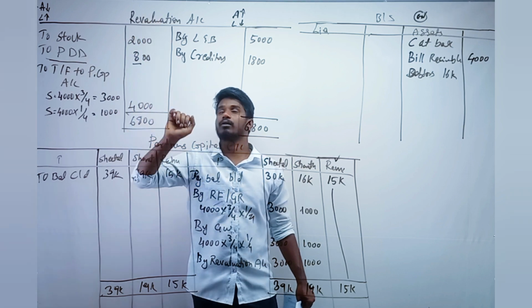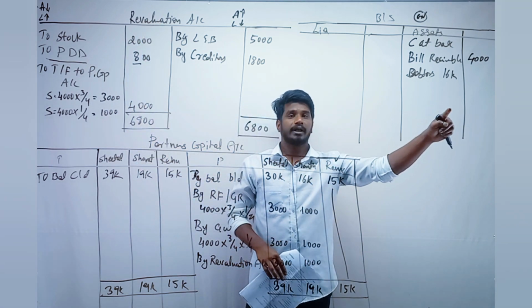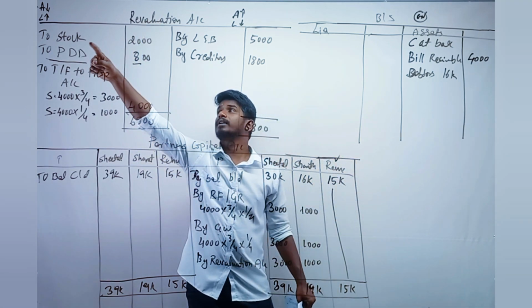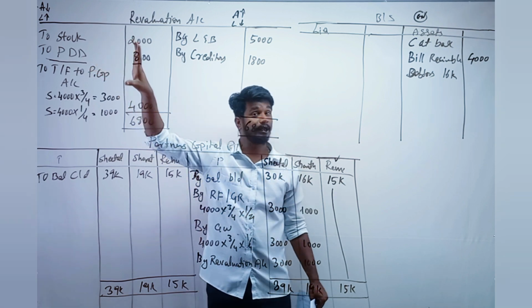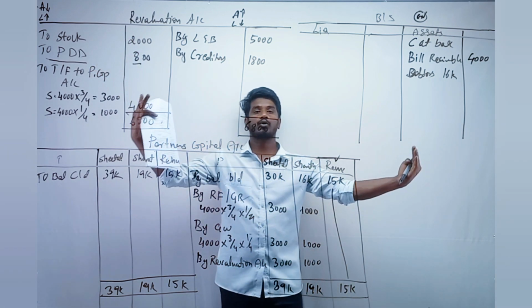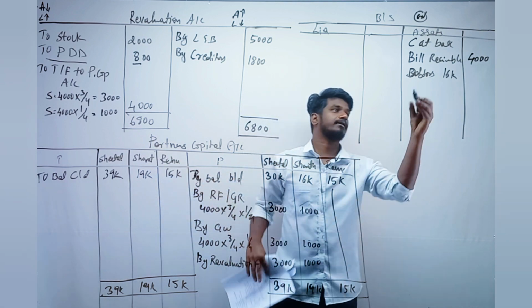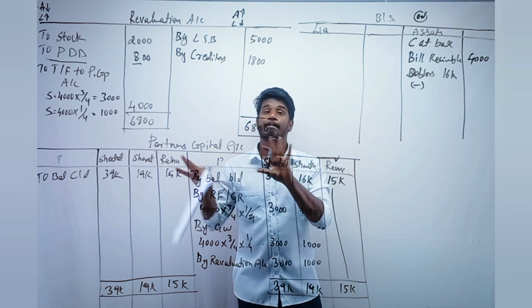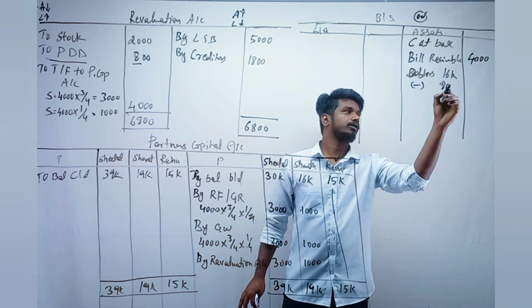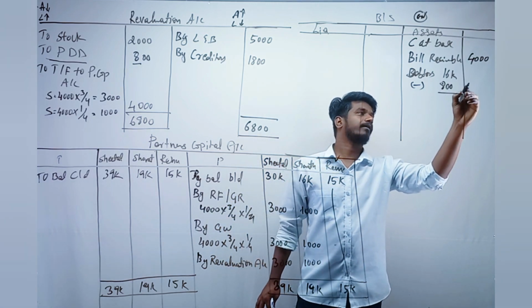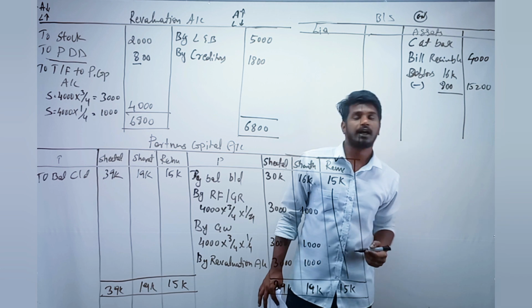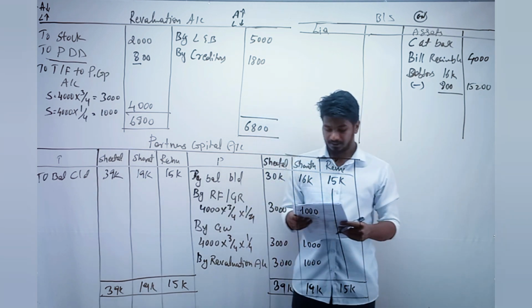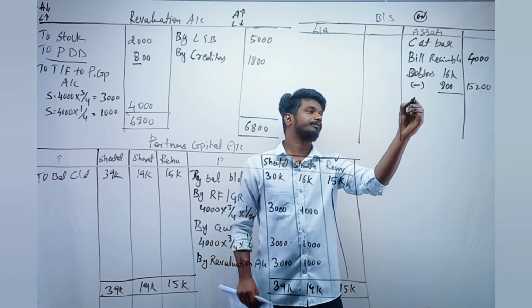So here it is on the credit side, there we have written it on the debit side. So it is the opposite side, correct. We should just minus that. If it is on the opposite side, minus that, that's it. You don't need to do anything else. That gives 15,200. Next thing, stock.